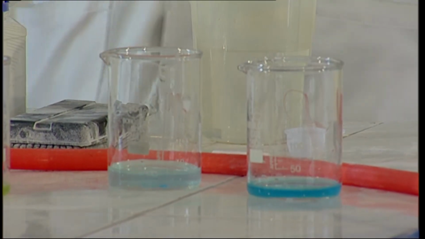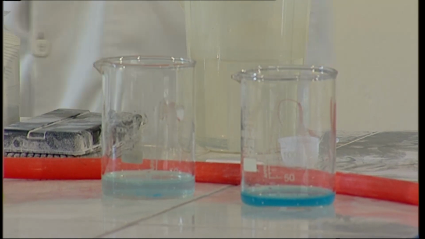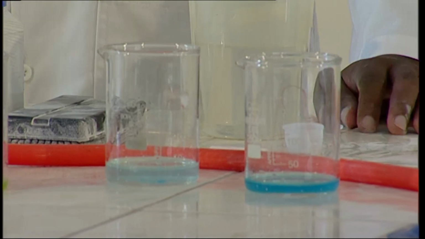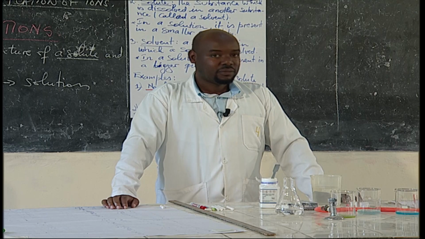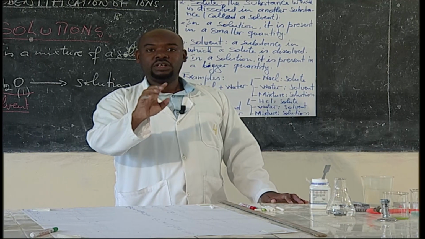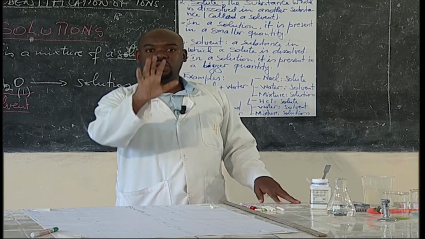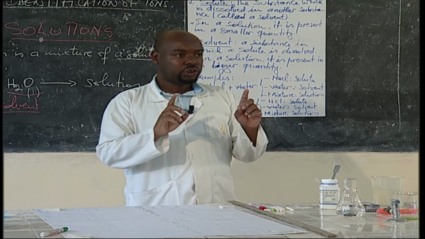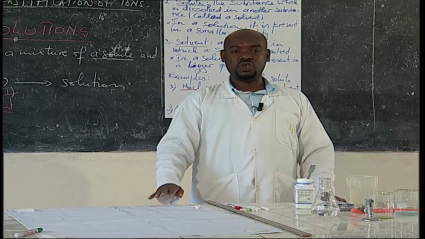But do you think it will continue to be like that if we go on adding more and more solute, adding more copper sulfate? At a given point, the copper sulfate will no longer dissolve in the solution. And because of that, we get two types of solutions.